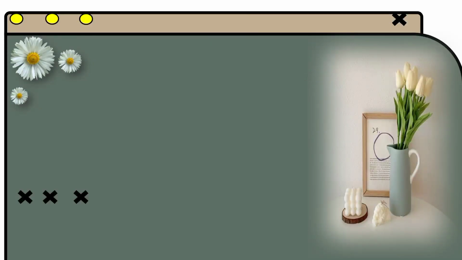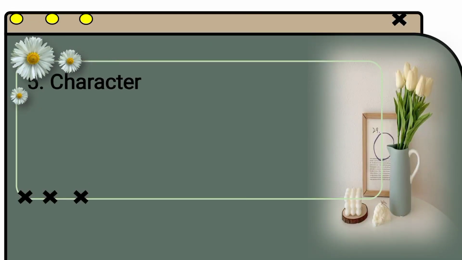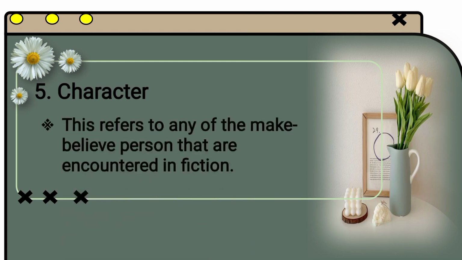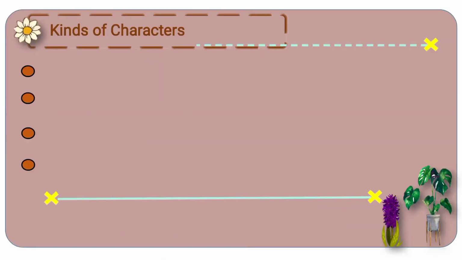Next element of a story is the character. This refers to any of the make-believe persons that are encountered in fiction. So, sila yung gumaganap sa ating kwento. So, we have different kinds of characters. First, we have the protagonist. It is the admirable character who embodies certain human ideals.